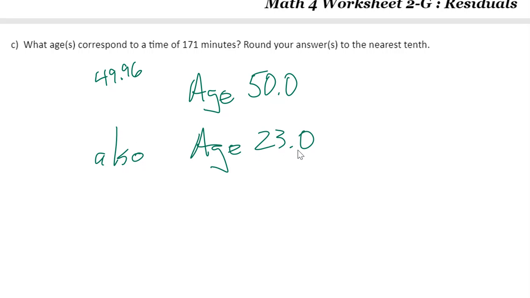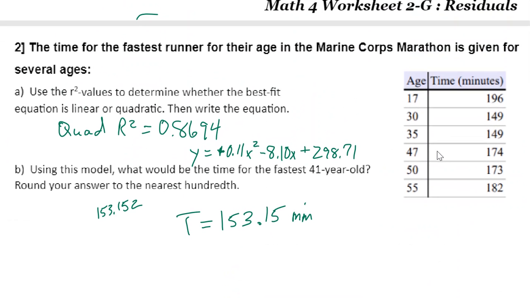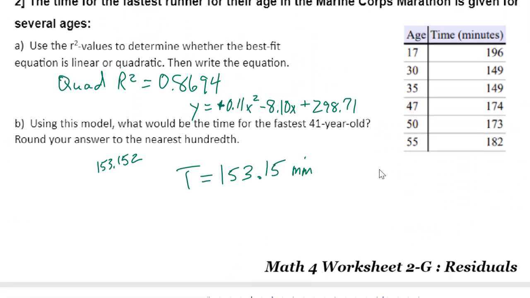So you actually had both. According to this data, you could have had a 171 either here or over here, at 50 or at 23, just on the data that is available right now. That's curious.